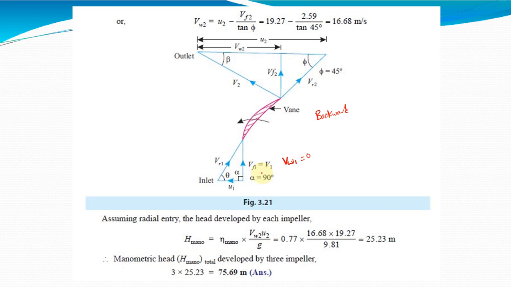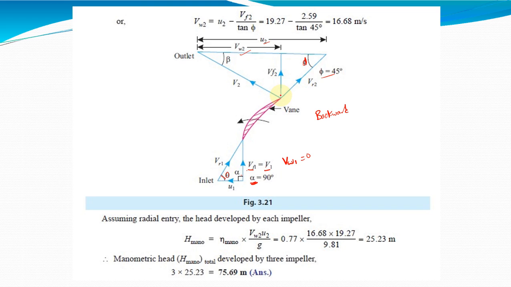V1 is equal to Vf1, that means alpha equal to 90, flow is radial. Theta is the inlet vane angle, phi is the outlet vane angle, which is given. The remaining are the peripheral velocity at outlet and the velocity at outlet. This is how the velocity triangle looks if you draw it.